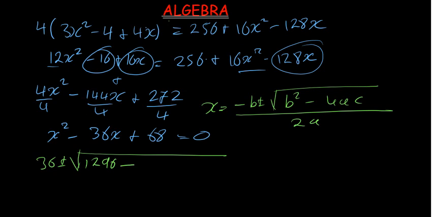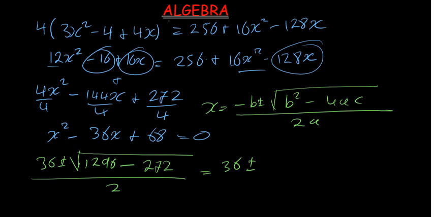Remember our a is 1 and our c is 68, so you're just saying 68 multiplied by 4, that gives us 272, divided by 2a, since our a is 1. So 1296 minus 272, what you get is 1024.